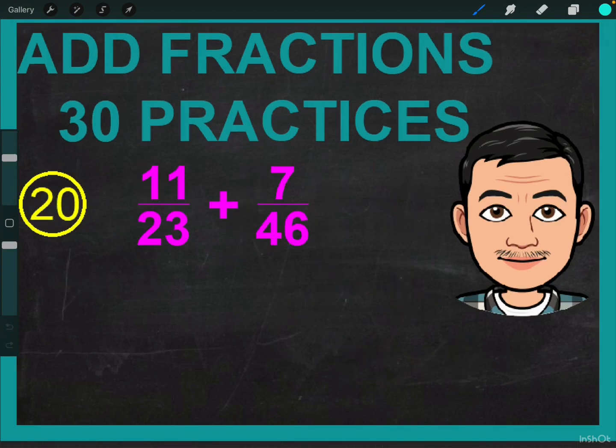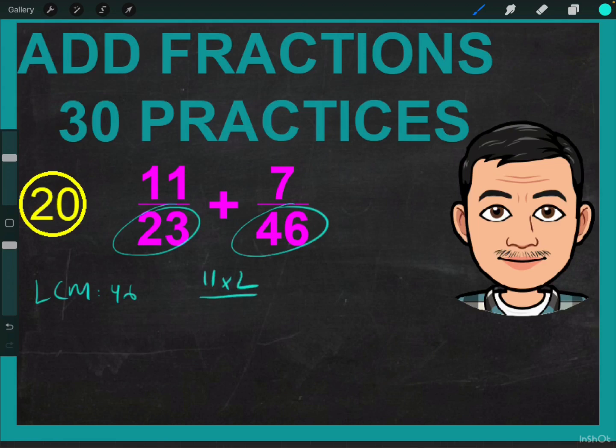Practice number 20. We have two fractions with different denominators, 23 and 46. But luckily we see that 46 is double of 23. So we know that the LCM of 23 and 46 is 46. So now we need to convert 11 over 23. We times 2 to 11 and we times 2 to 23.